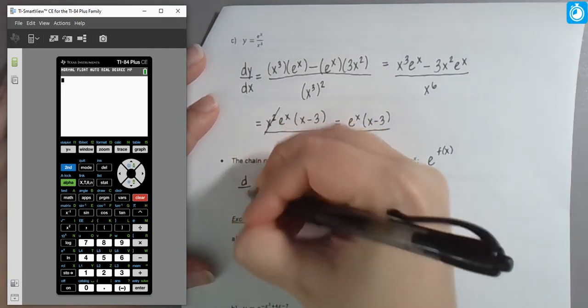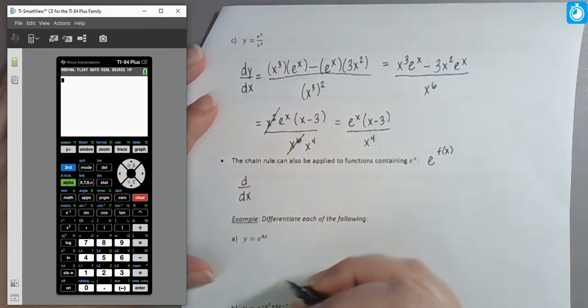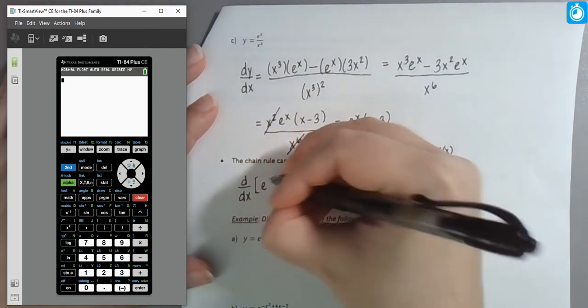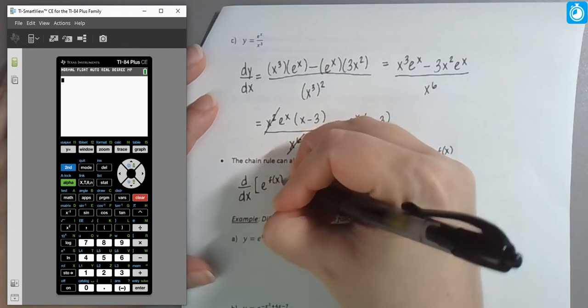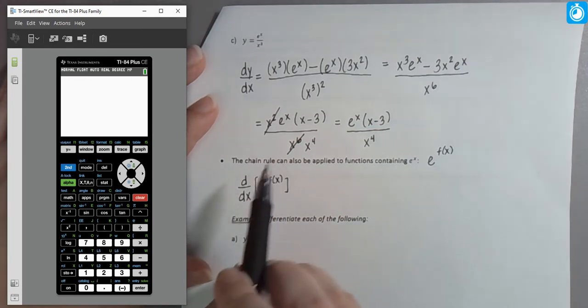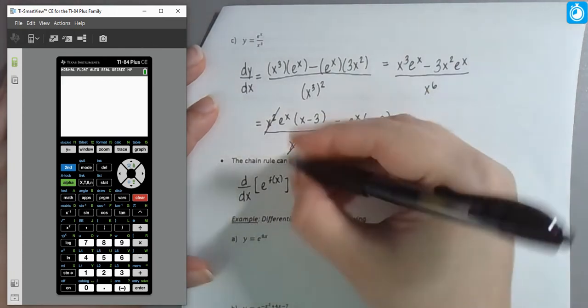So if we want to take the derivative with respect to x of something of this form, e raised to some functional power, not just x, but some function involving x, well, what does the chain rule tell us? It says take the derivative of the outer function with the inner function plugged in.